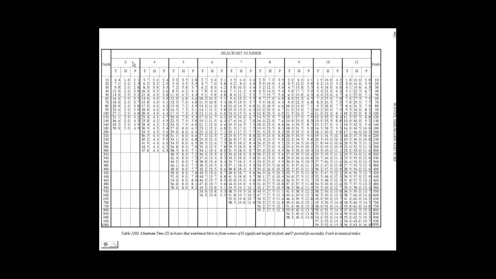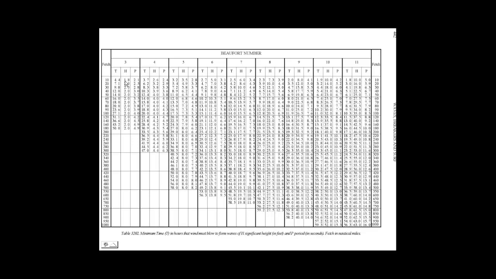Across the top is the Beaufort number, 3, 4, 5. Here's 17 to 21 knots, the 5. Here's just below hurricane, the 11, okay? Then T, H, P. T is the time, that is the duration of the wind blowing, that is 4.4 hours. Duration of the wind in hours.